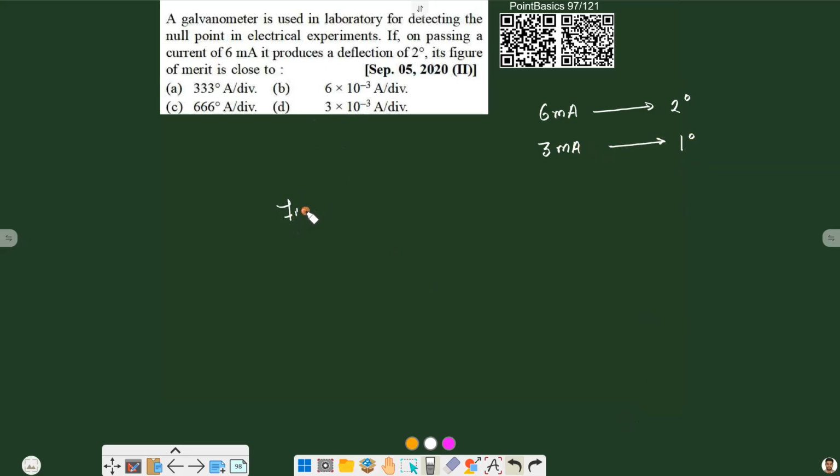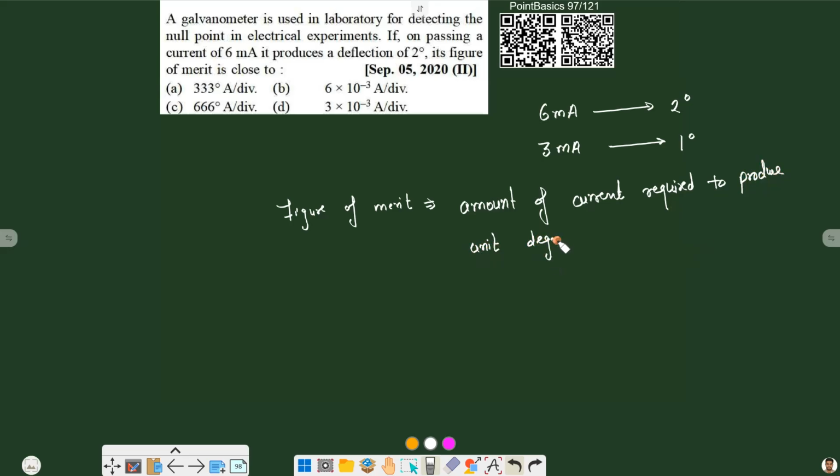Figure of merit is known as the amount of current required to produce unit degree or division of deflection.